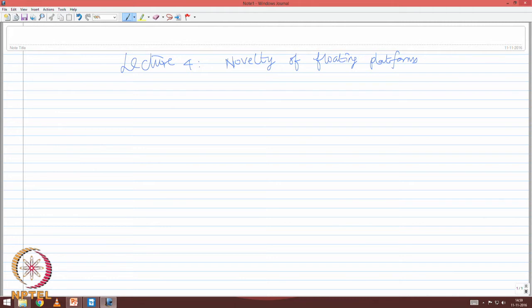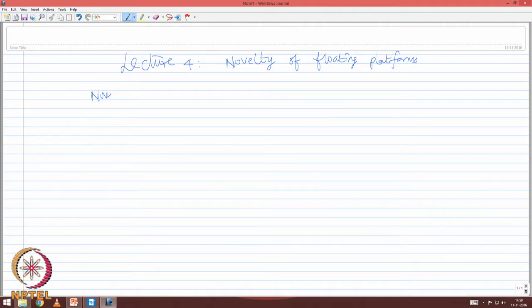Just to have a leap over what we discussed in the last lecture, we discussed the novelty by design of a tension leg platform. We will extend the discussion for a spar platform now before we move to discuss other floating platforms.